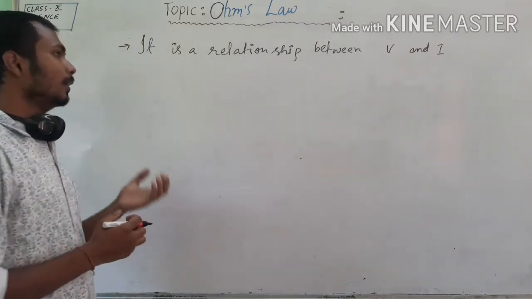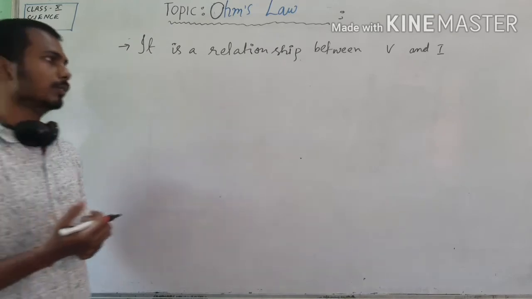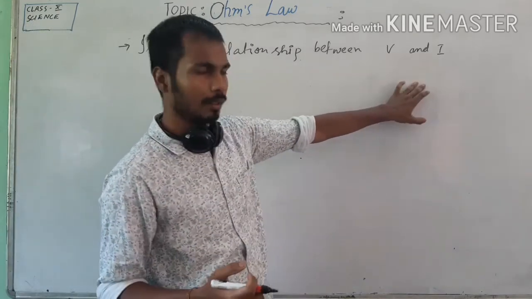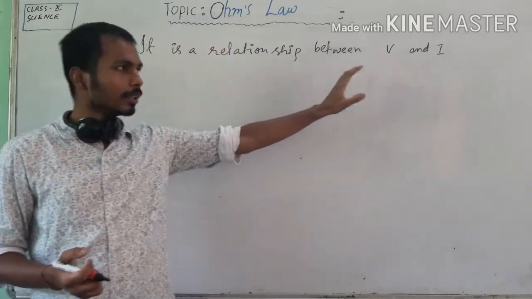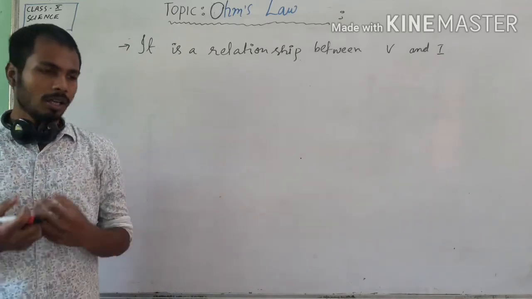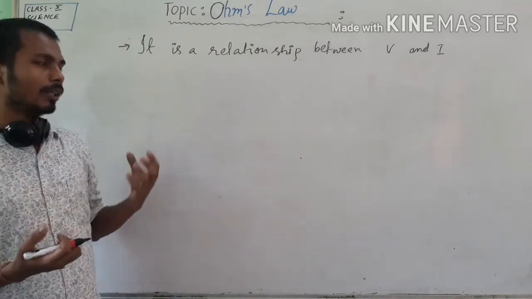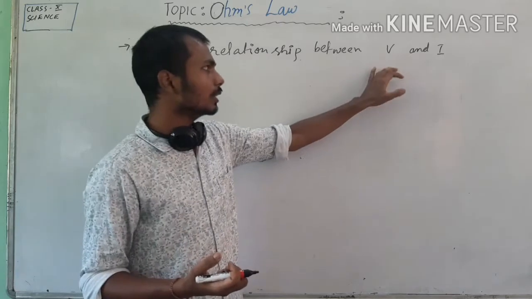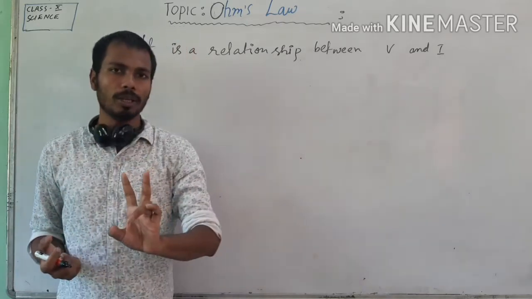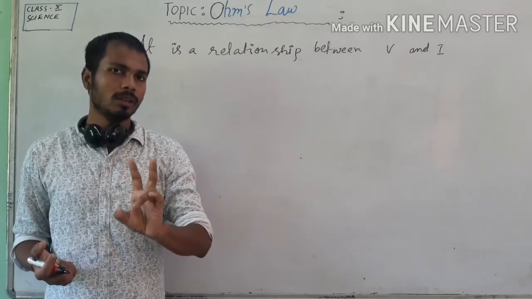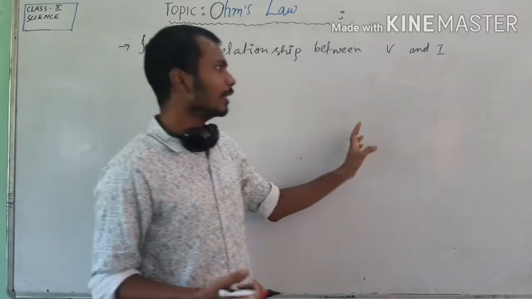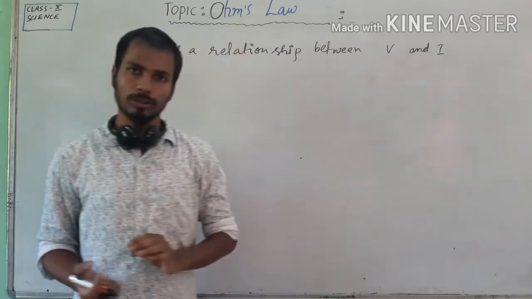He found a relation between V and I, where V is the potential difference and I is the current. And what is the relation? He found that V, that is the potential difference across any two points on a wire, is directly proportional to the current flowing through that wire.